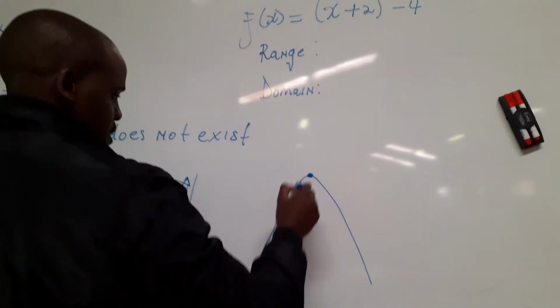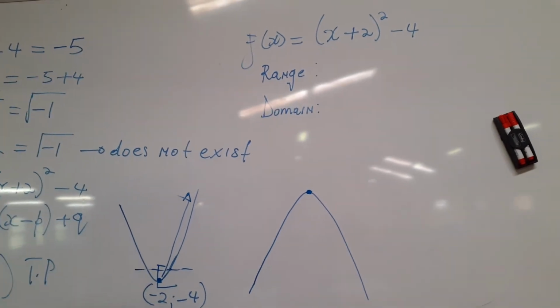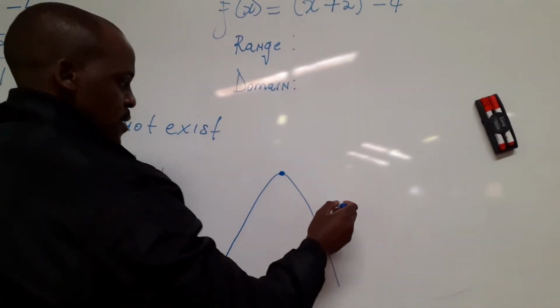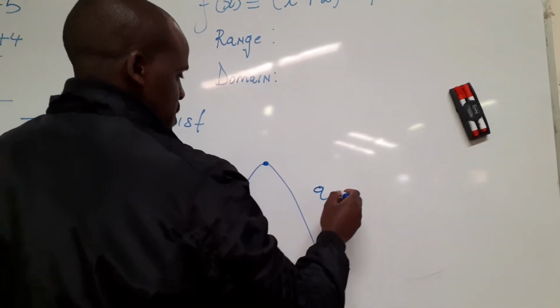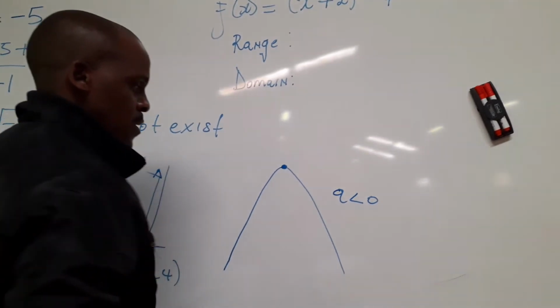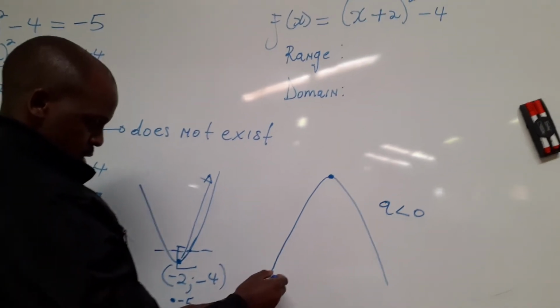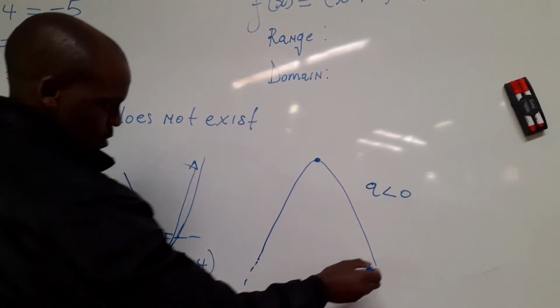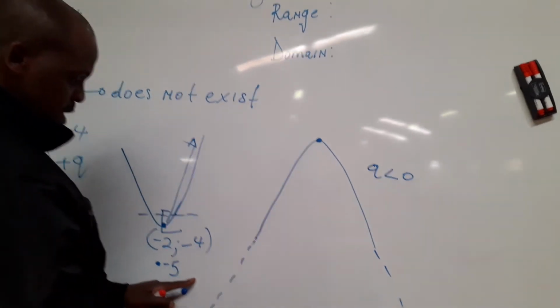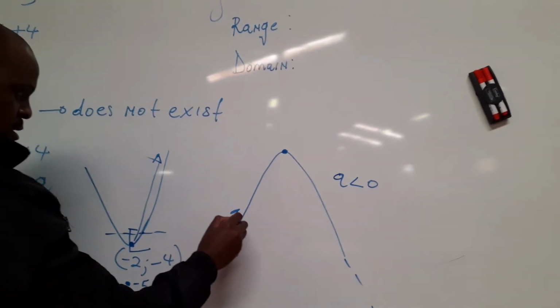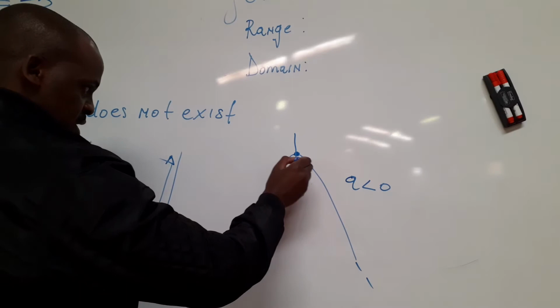Let's say the graph is concave down, which means a is negative. So the graph ranges from this side up to the turning point.